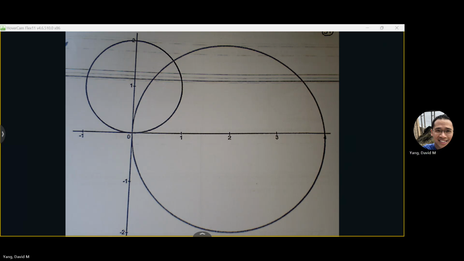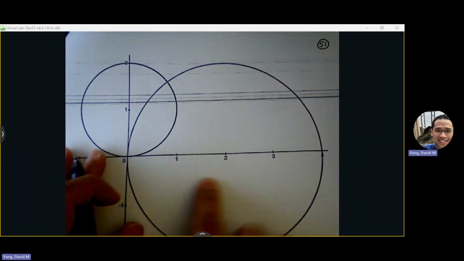Now, I want to use a highlighter here just so I can have an easier time highlighting what I want to go over. So first off, we have r equals 4 cosine theta.